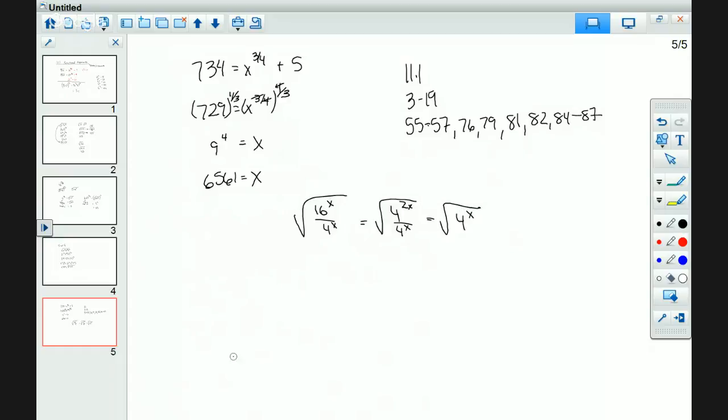Two minus 1. And now if you need to, you can rewrite it as 2 to the 2x, which is 2 to the 2x over 2, which is 3x. That's what you're doing on number 11.